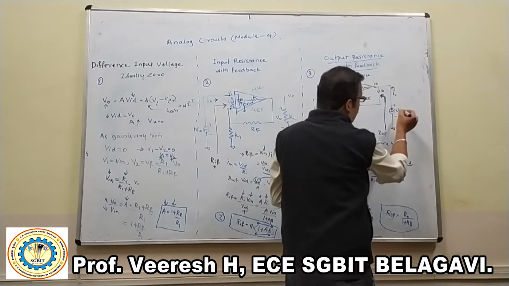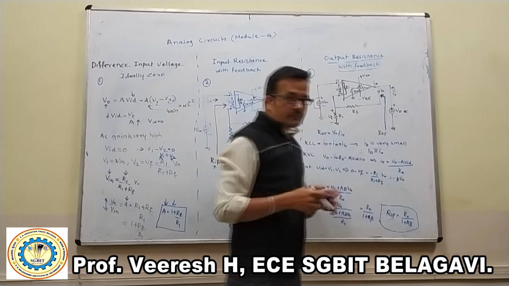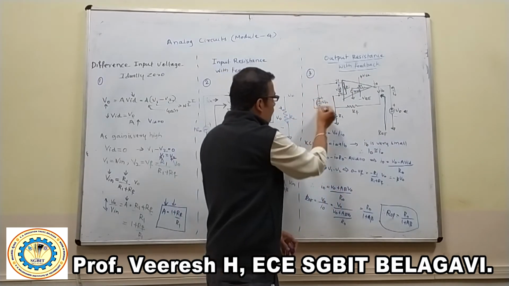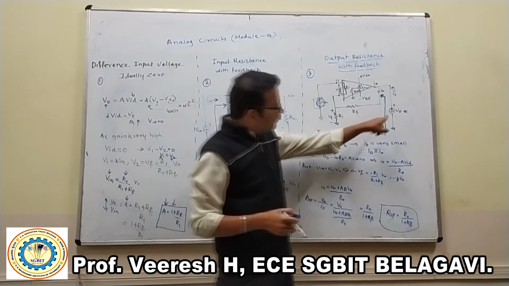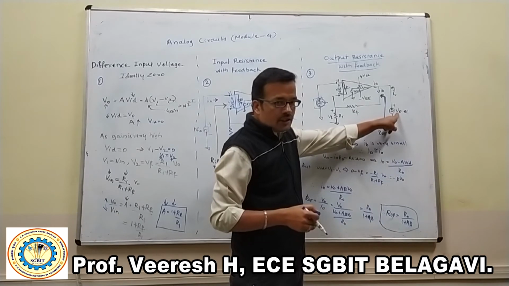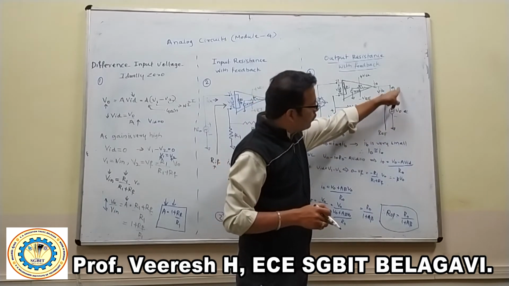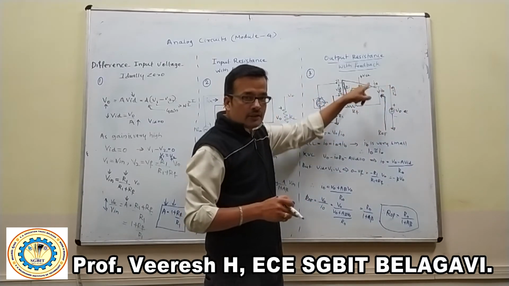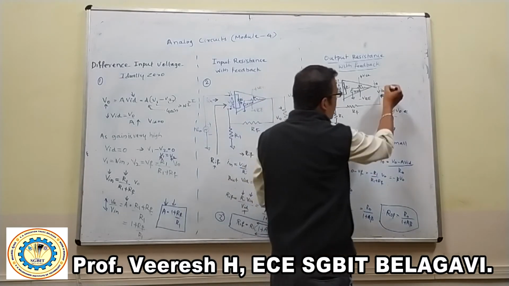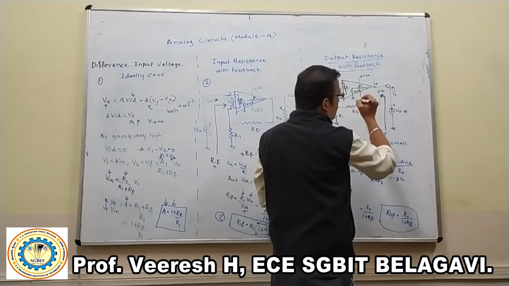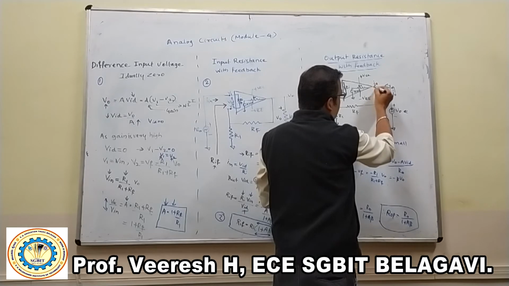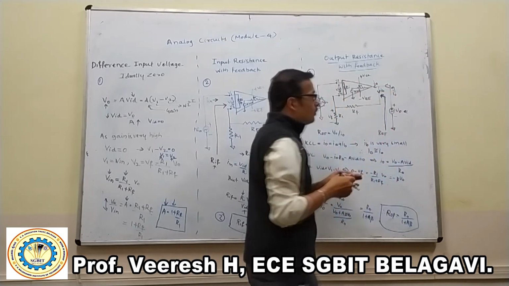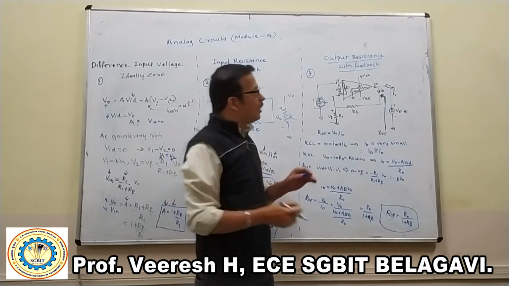Now for that, I will take a test voltage V0 and make the input 0. Because of this test voltage V0, there is a current I0 that flows into the operational amplifier. So there are three currents. One is I0 that enters here, one is IA that enters the operational amplifier, and another is IB that enters the feedback part.